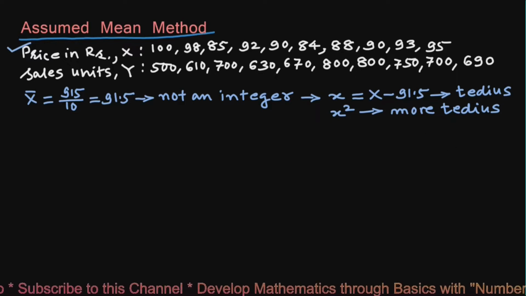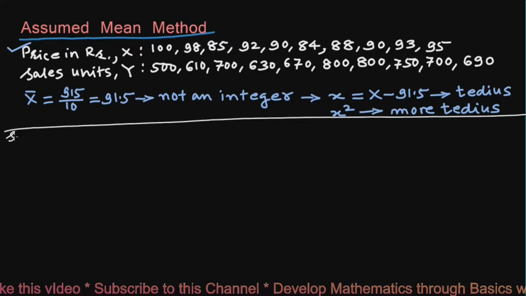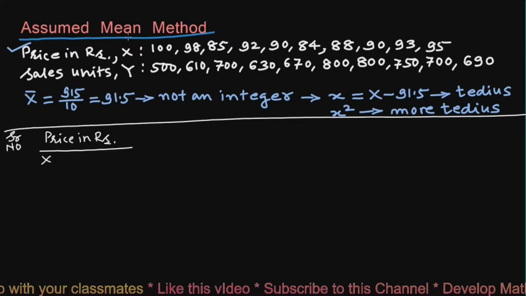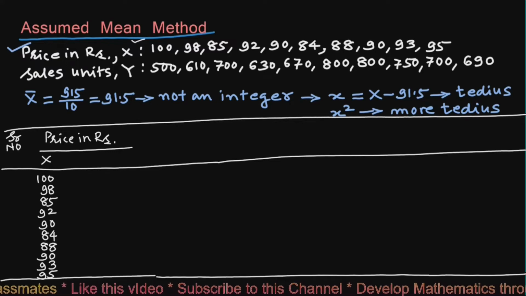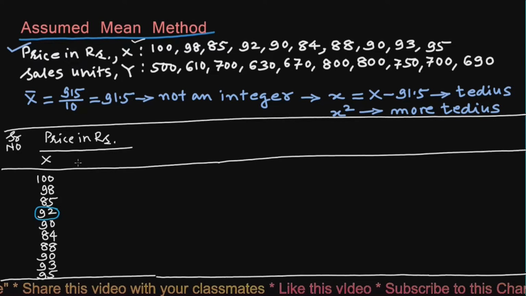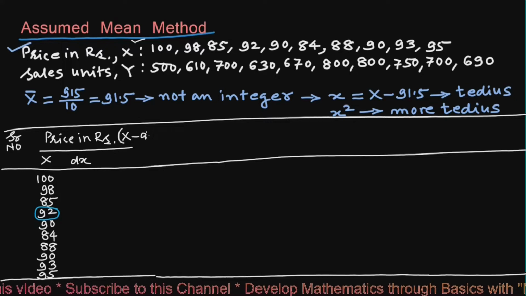So let us prepare a table for assumed mean method. So serial number, then price in rupees. The values of x will be from here 100, 98, 85. We will assume 92 as the mean and find out deviations dx by calculating x minus 92.